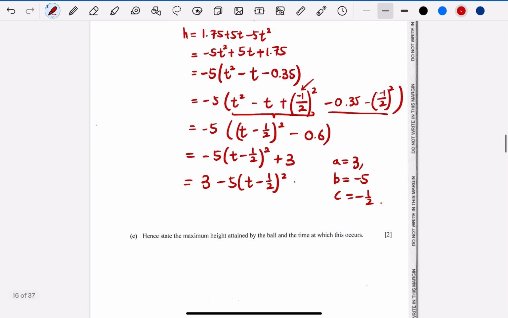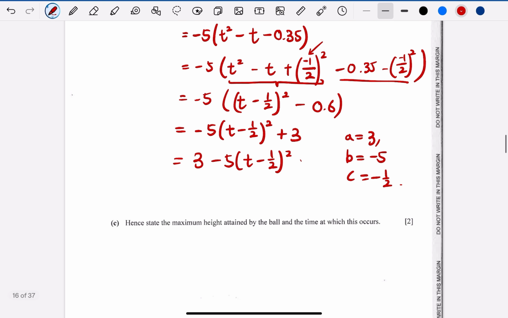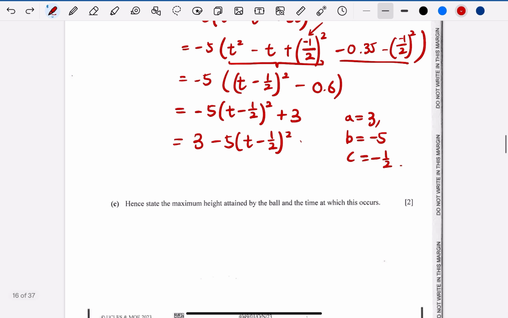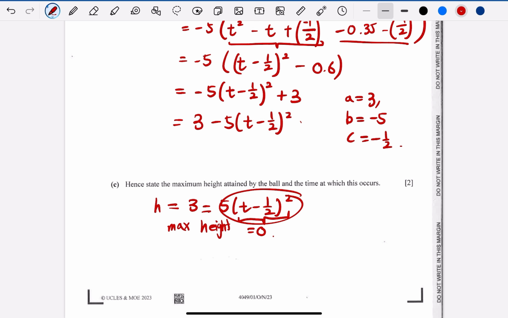And then for part C, they tell you, hence state the maximum height which can be attained by the ball and the time at which this occurs. From what you learned in E-math, you should have known that for my maximum height, my t minus half term has to be equal to 0, because this is a negative value.